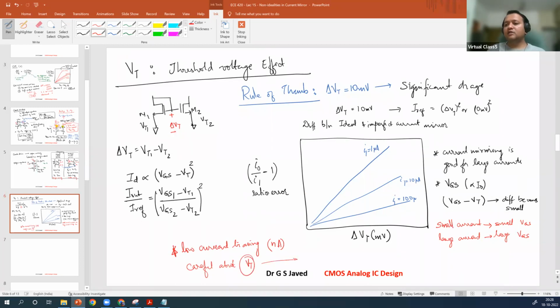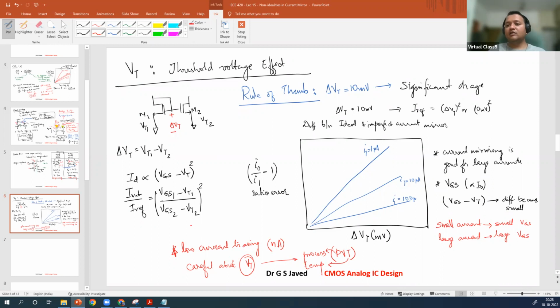What does this mean? You will be dependent on both process and temperature. Among process, voltage, and temperature, process will impact, and temperature will also impact. So you have to be extremely careful while you're doing low current biasing.